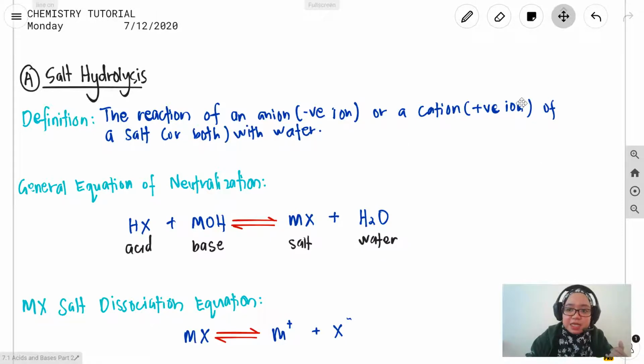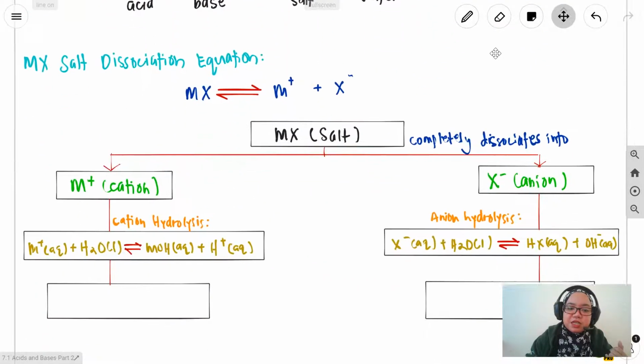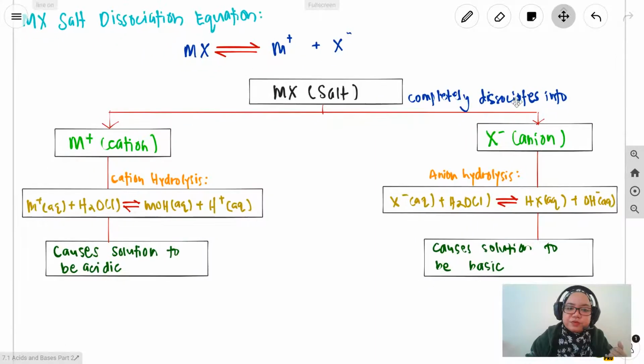Okay, so there are actually two types of hydrolysis of salt. This salt completely dissociates into cation and anion, right? So this cation will hydrolyze with water, and the anion will hydrolyze with water as well. So let's look at the cation hydrolysis equation here. We have the cation hydrolyzed with water to form MOH and hydrogen ion or hydronium ion.